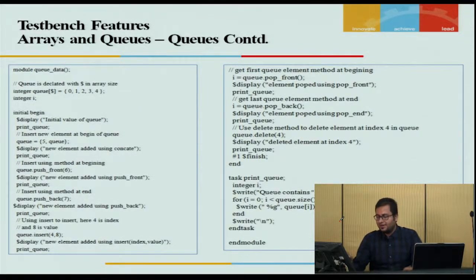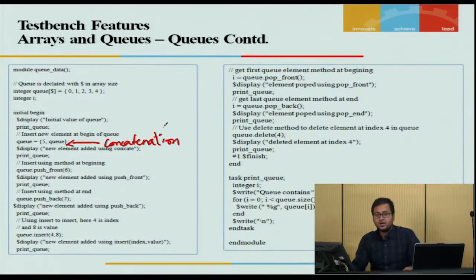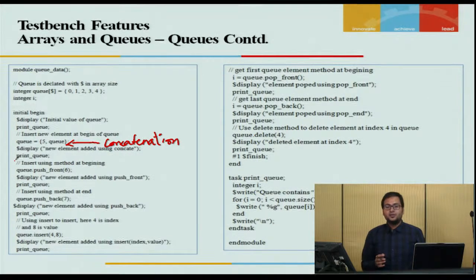Then you have added 5 comma q. This has to be taken very carefully, that this is basically a concatenation. So in this case the whole queue is right shifted by one location, and 5 is added to the first location.